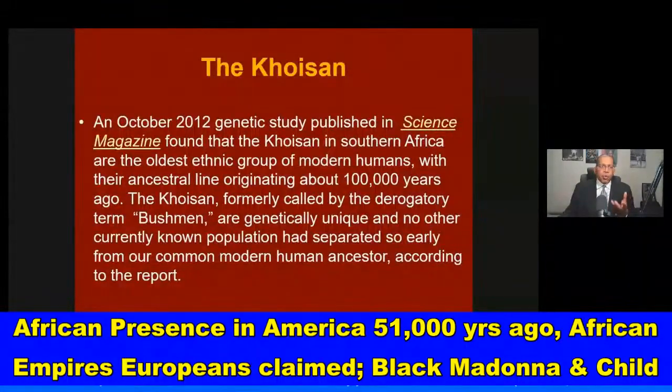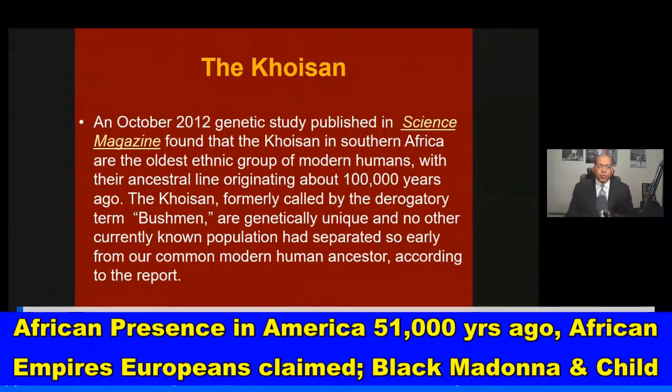So the Khoisan, in an October 2012 genetic study published in Science magazine, it found that the Khoisan in southern Africa are the oldest ethnic group of modern humans, with their ancestral line originating about 100,000 years ago.